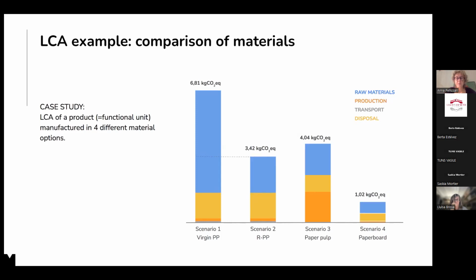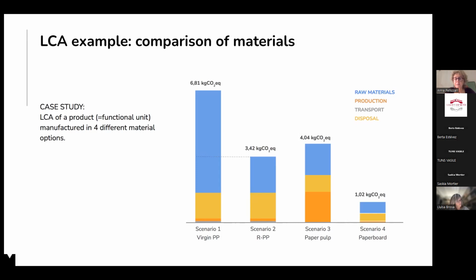The object of reference was virgin polypropylene, where we see that the raw materials impact is the highest.